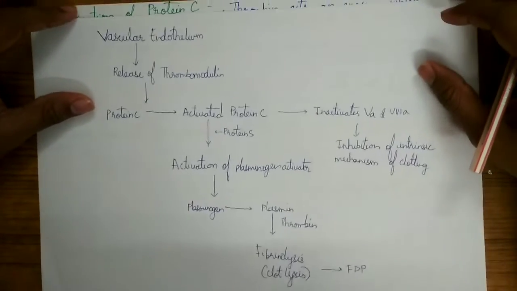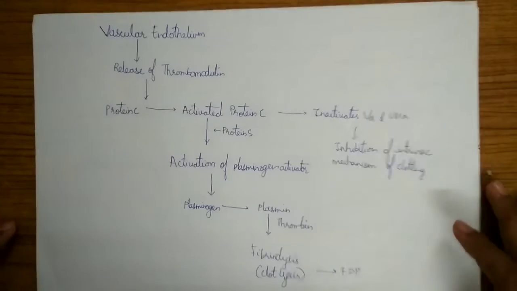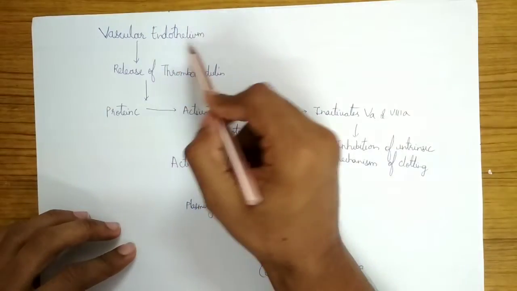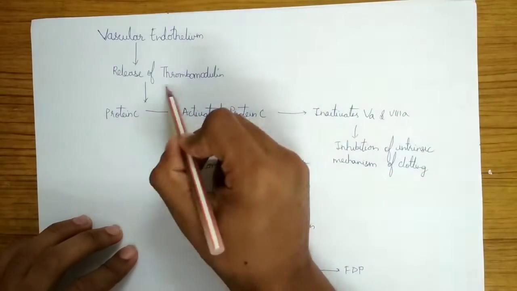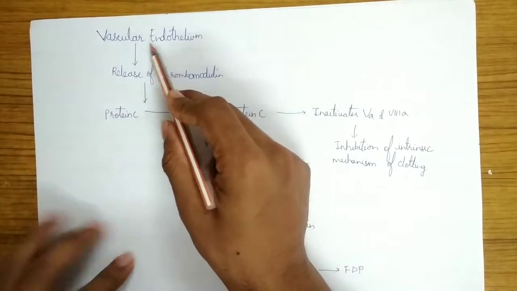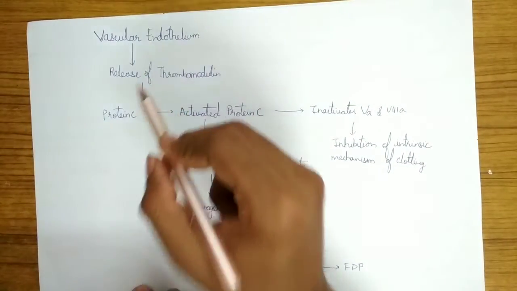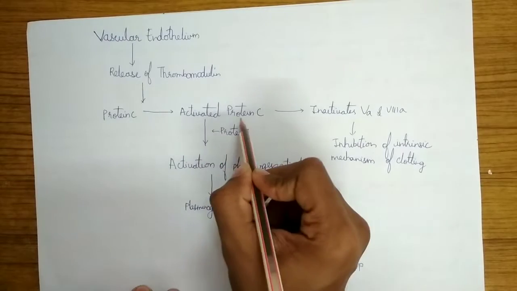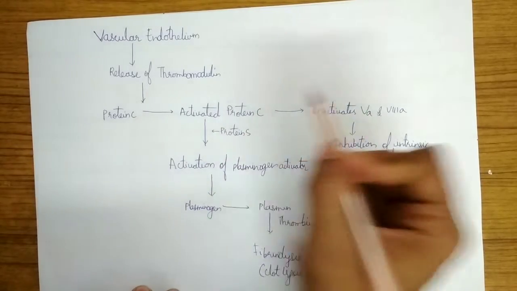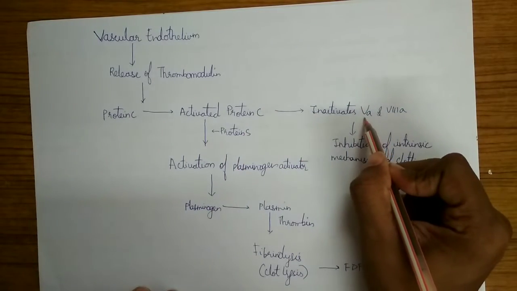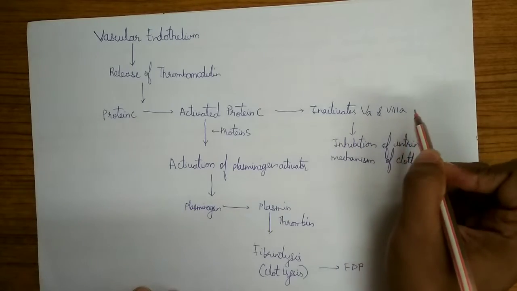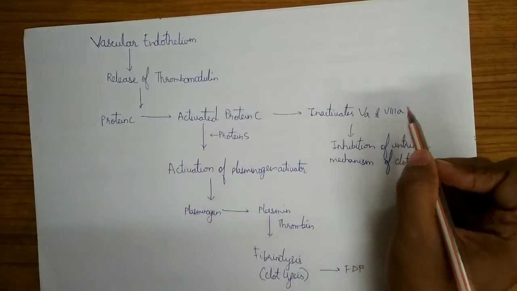Let's understand it thoroughly with the help of a flowchart. You can also draw this flowchart in the board examination. So there will be a vascular endothelium, release of thrombomodulin by the vascular endothelium, which activates the protein C. This protein C inactivates the clotting factors 5A and 8A, which are the cofactors in the blood coagulation process.